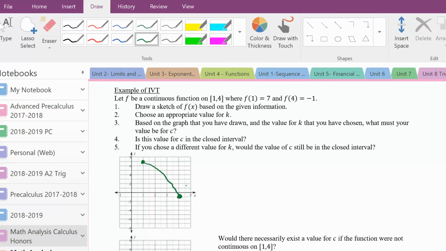All right, so choose an appropriate value for k. So k has to be between 7 and -1. So for example, let's let k be 1 right here. So this is k, k equals 1.